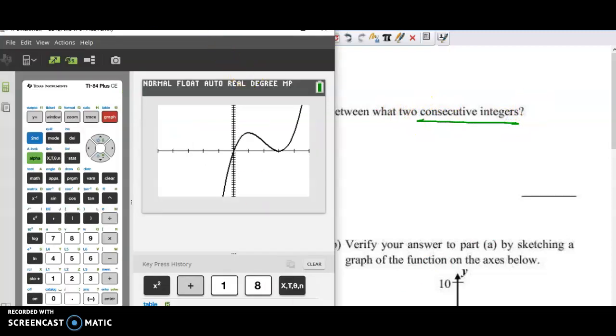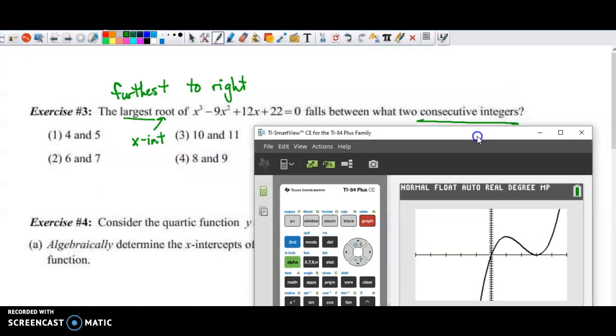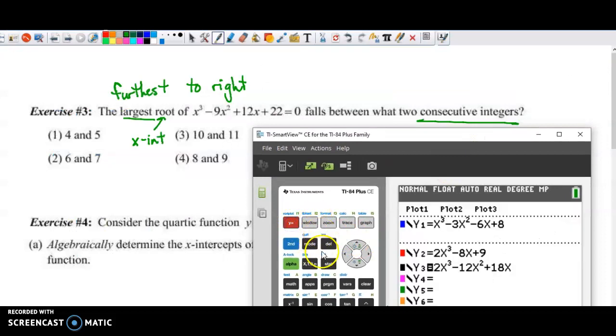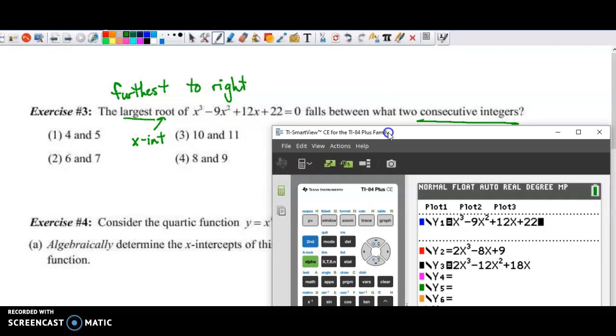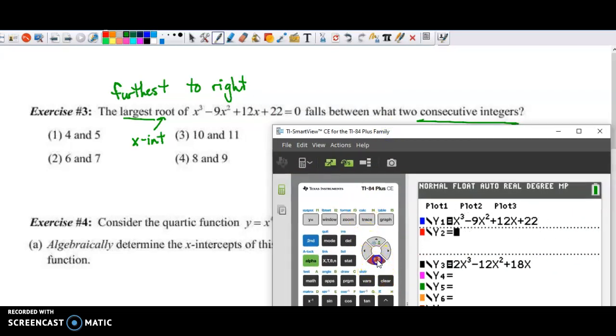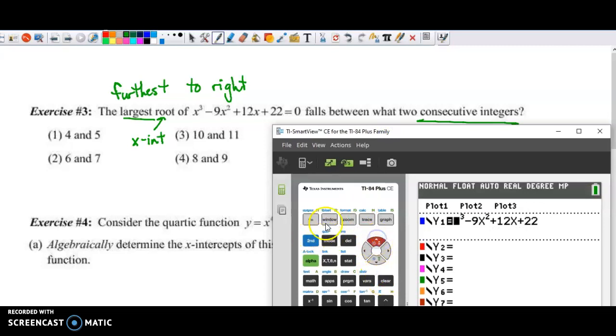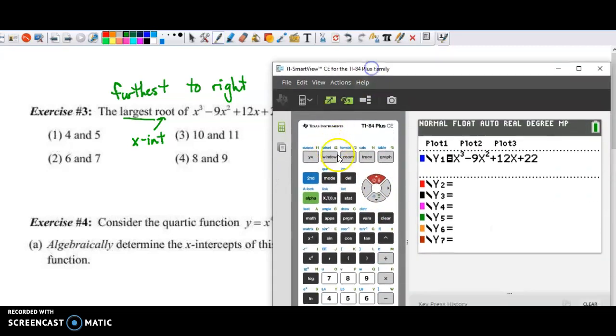So as I go to this problem, hopefully I don't mess up like I did the previous one, go into y equals, I'm actually just going to use this one, minus 9x squared plus 12x plus 22. And whether you use a graphing calculator, like the graph part or the table part, you just might want to make your window a little bit larger.